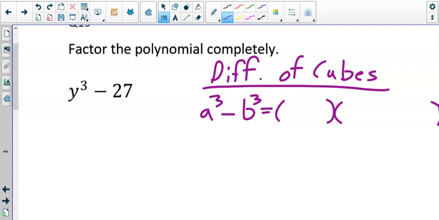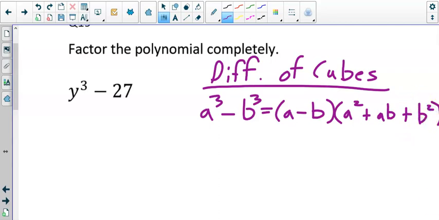So, unfortunately with the cubes, you need to know these forms. There's no way around it. So it looks like this. A minus B in the first parenthesis. So it's like we undid all the cubing. And then over here in the second parenthesis, it looks like A squared plus AB plus B squared.